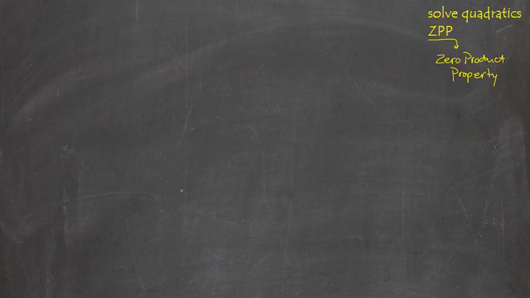The zero product property just says that if you have two things multiplied together and they equal zero, so if A times B equals zero, then either A equals zero, because zero times anything is zero, or B equals zero, because zero times anything equals zero, or A and B both equal zero.